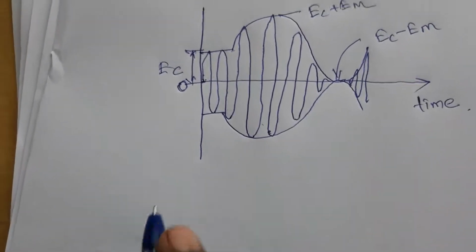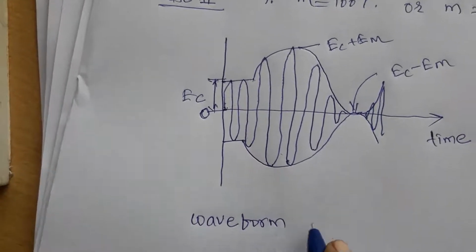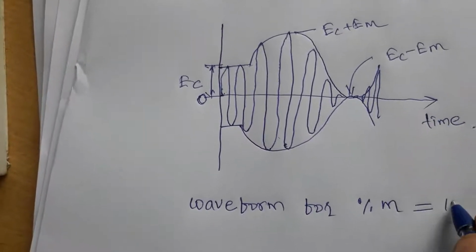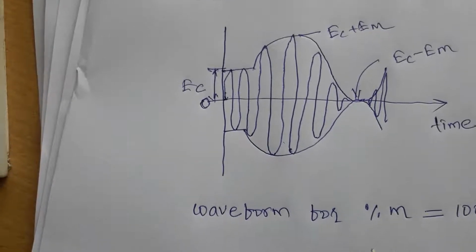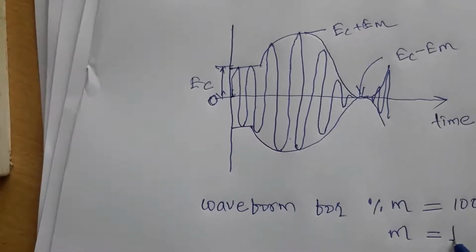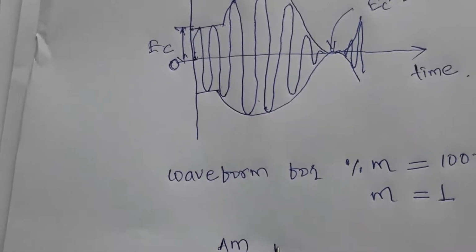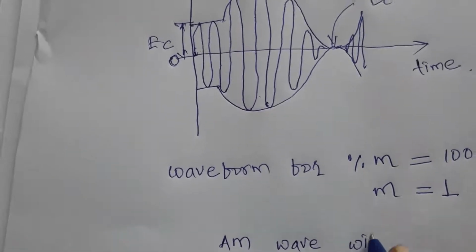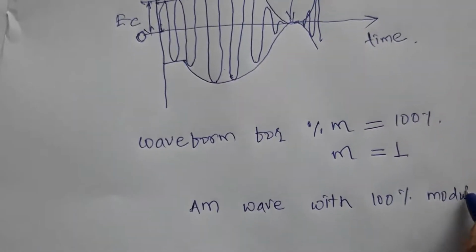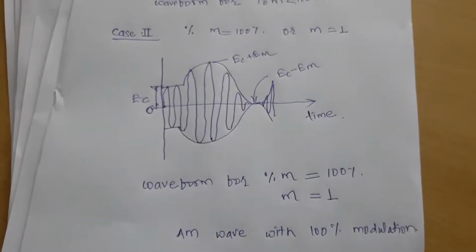This particular waveform is called the waveform for percentage modulation equal to 100%, or m equal to 1. At that time, it is also called an AM wave with 100% modulation.